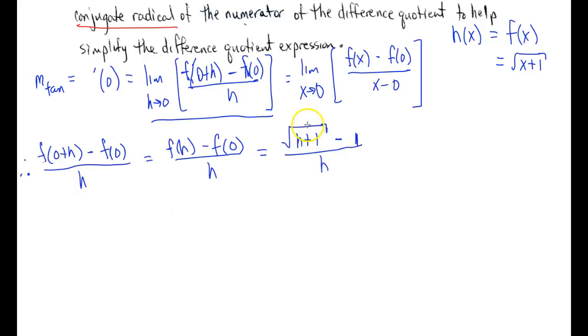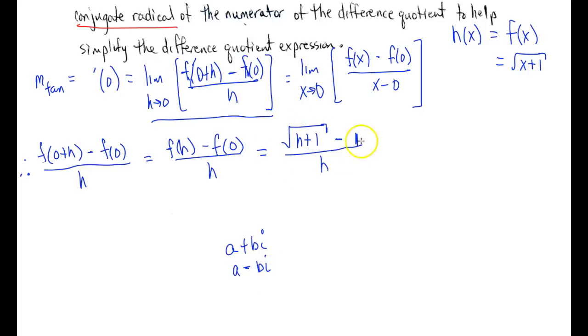And so how we'll do it is by using what's called the conjugate radical. If you remember from complex numbers, if we have an expression a plus bi, then its conjugate is a minus bi.